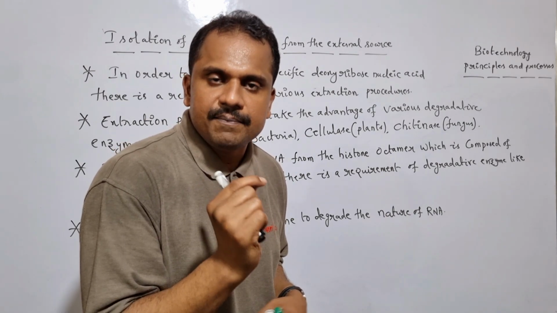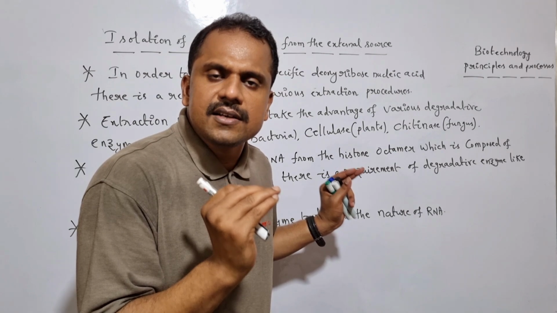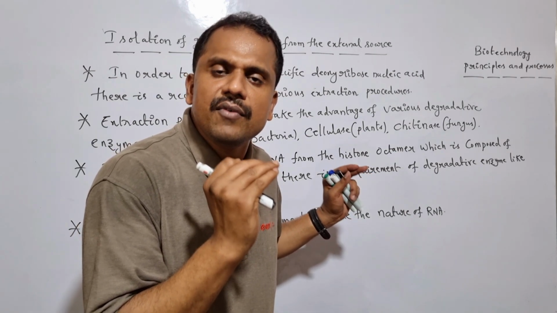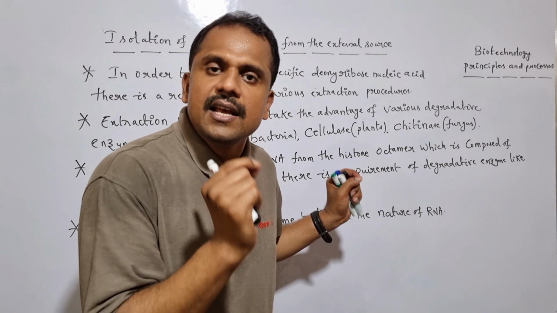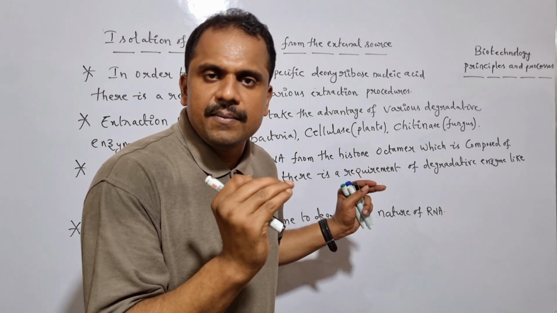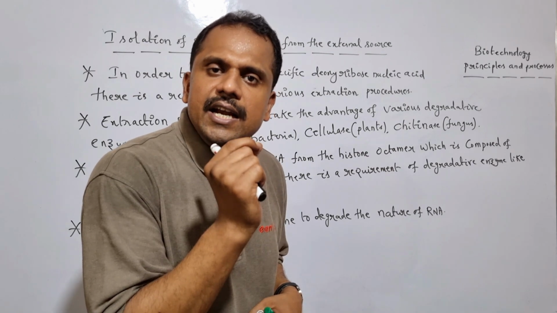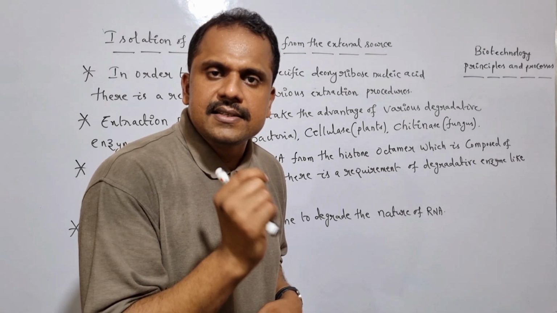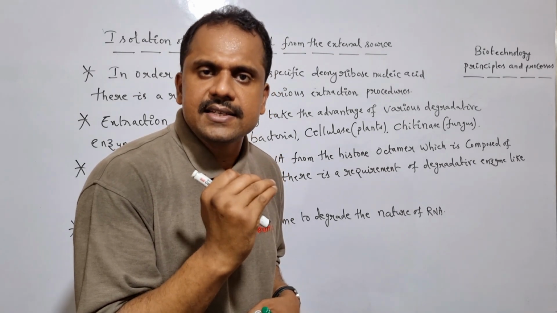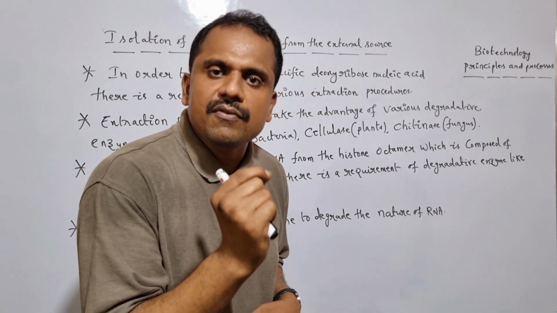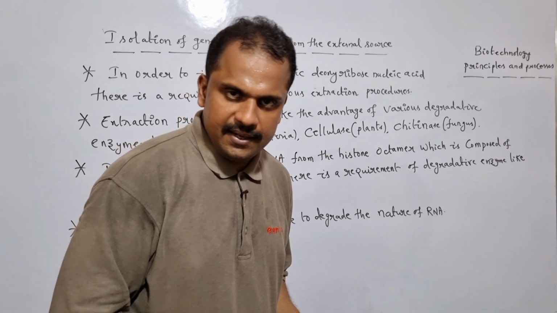So by taking advantage of various degradative enzymes, we can degrade the various components present within the nucleus, and if we add chilled ethanol, we can easily extract the DNA. Is it clear?